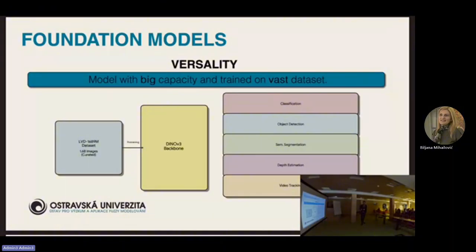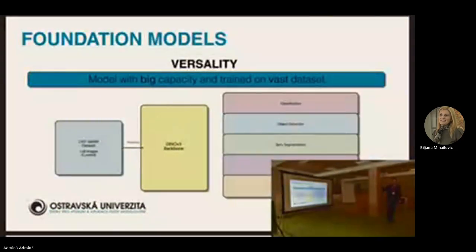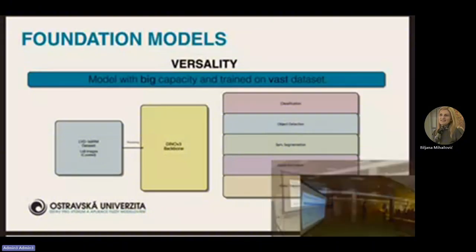This is the case, for example, for DINO version 3 that was quite recently released. This model is capable of doing classification, object detection, segmentation, depth estimation, and video tracking. A single model, a single backbone, is able to do all of this just by changing some output adapter.